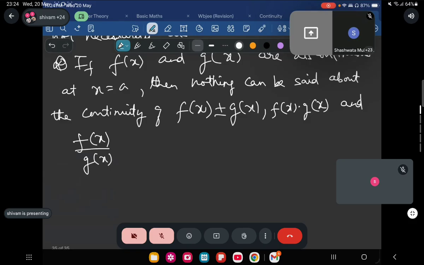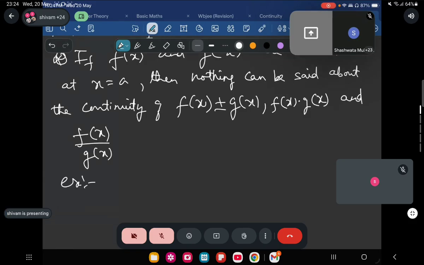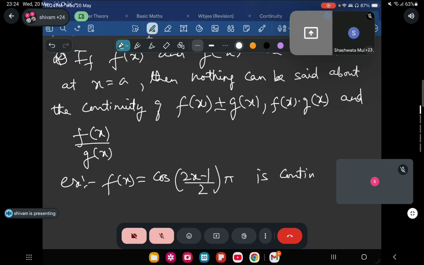Okay. For example, f of x equal to cos of (2x minus 1) by 2 into pi is continuous at x equal to 1. Right? Tell me everyone. This function is continuous at x equal to 1.